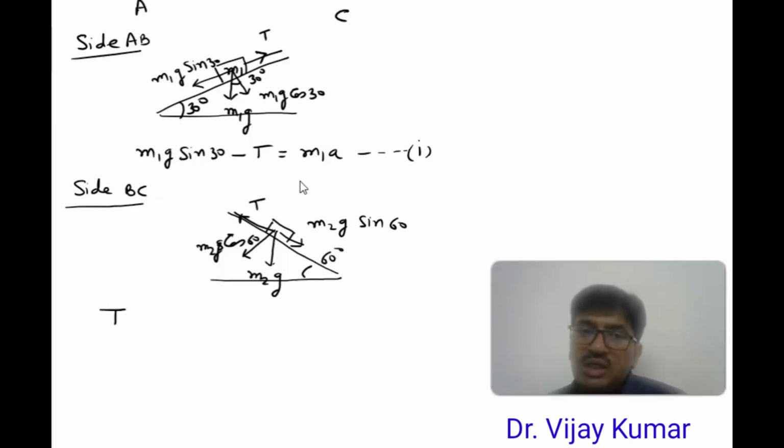So I can write T minus M2g sin 60 should be equal to M2a. This is equation number 2.